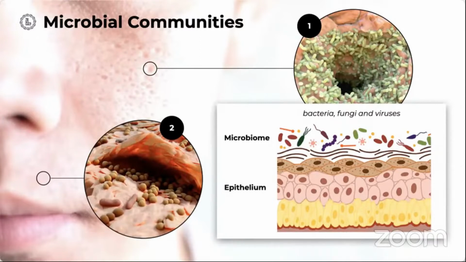Quorum sensing activities in these communities are involved not only in communication, but also in the virulence of pathogenic bacteria, in response to external stimuli, in controlling host defenses, and in responding to antimicrobial agents. Inside each community, there is a balance of bacteria, fungi, and viruses that controls species abundance and activity.